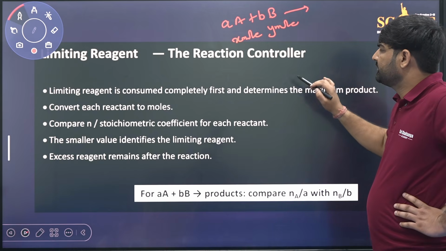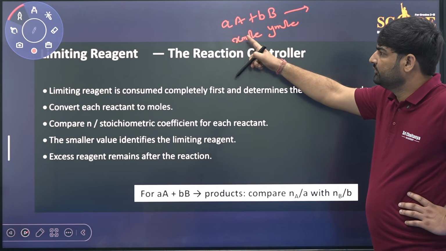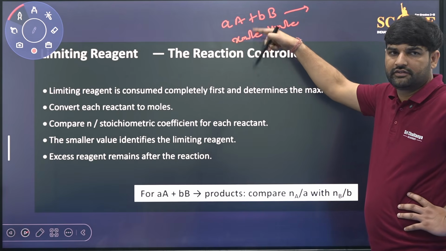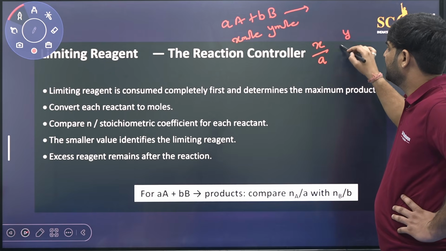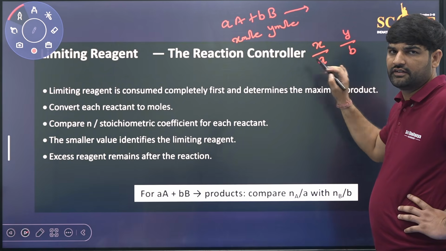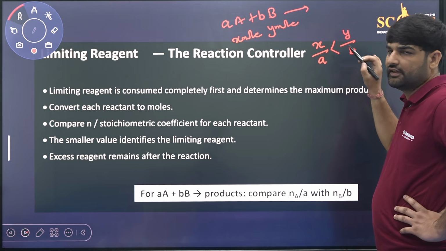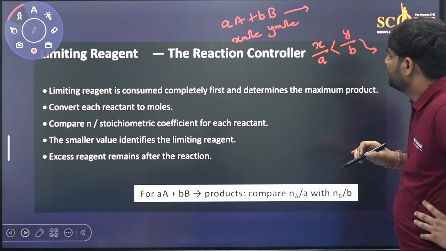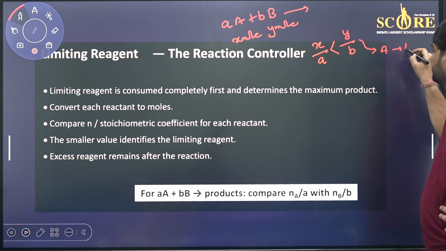So the basic approach is that we have to divide the mole by the stoichiometric coefficient. This is X upon a, this is Y divided by b. Which value will be minimum? That is known as LR. So if X by a is less than Y by b, then you have to tell that A is the limiting reagent.